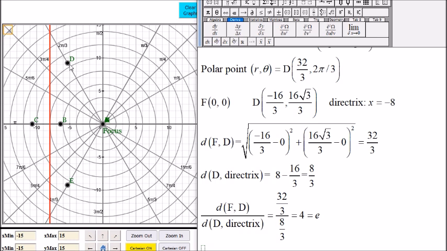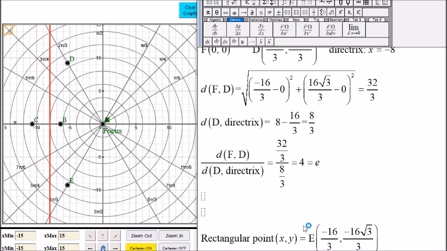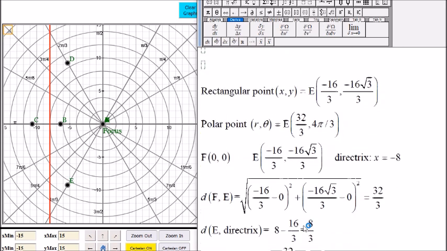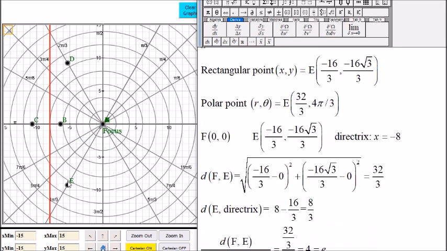We want all points such that this ratio is equal to 4. And now look at point E. We can see that it's very similar to point D. The distance from F to E, meaning the distance from the focus, which is the pole, to E, is 32/3.